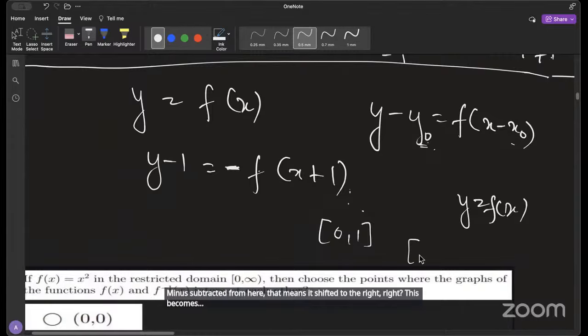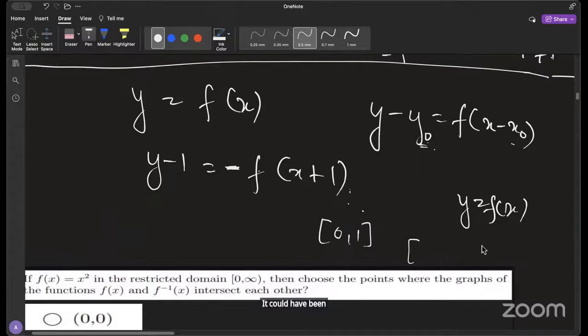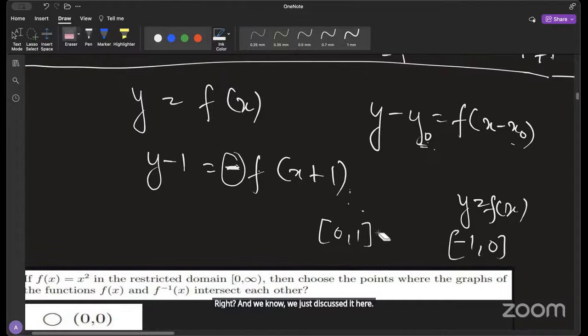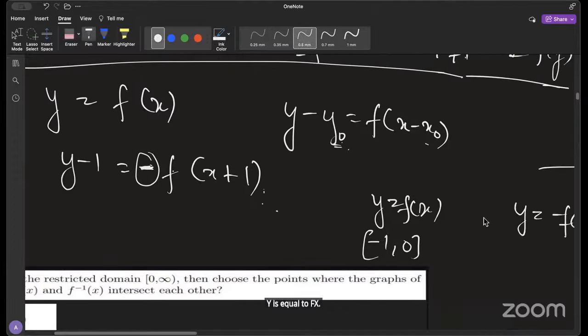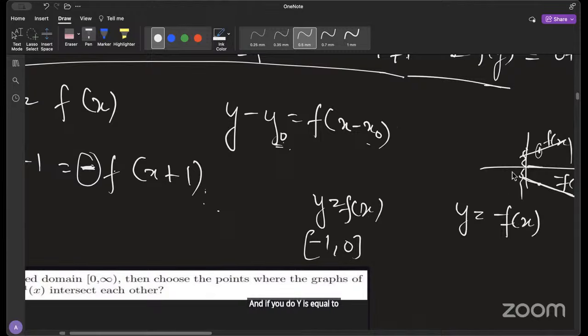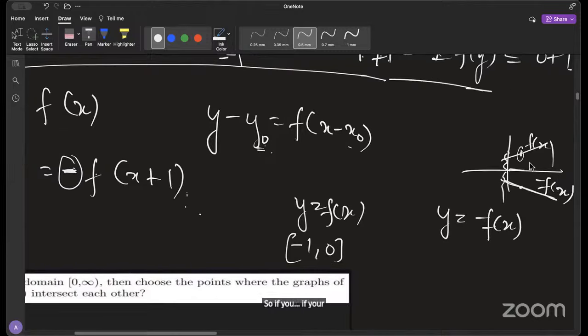So this should have been minus 1 and then 0, but then you have a negative sign here. And we just discussed that if you have y equals f(x), and you do y equals minus f(x), initially your range was this, right? This is the range, everything above this point.